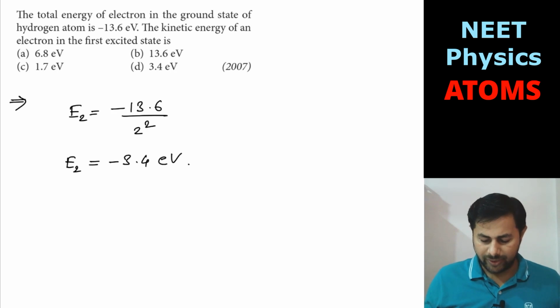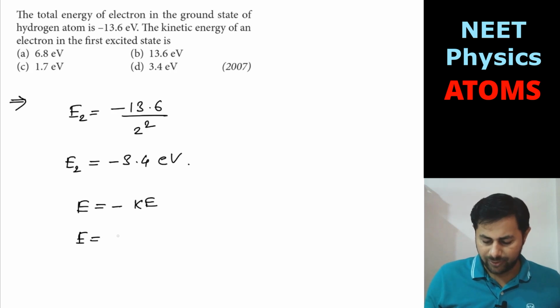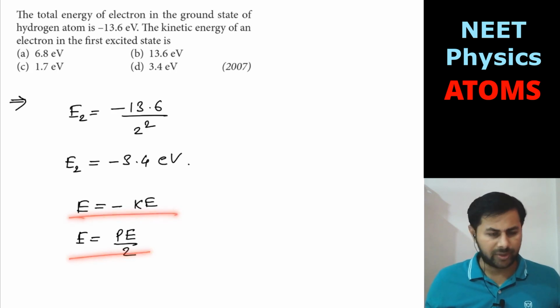Then we have a relation between the total energy, potential energy and kinetic energy. We know the energy is equal to the negative of the kinetic energy, and it is just equal to the potential energy divided by 2. So we need to remember these equations forever.